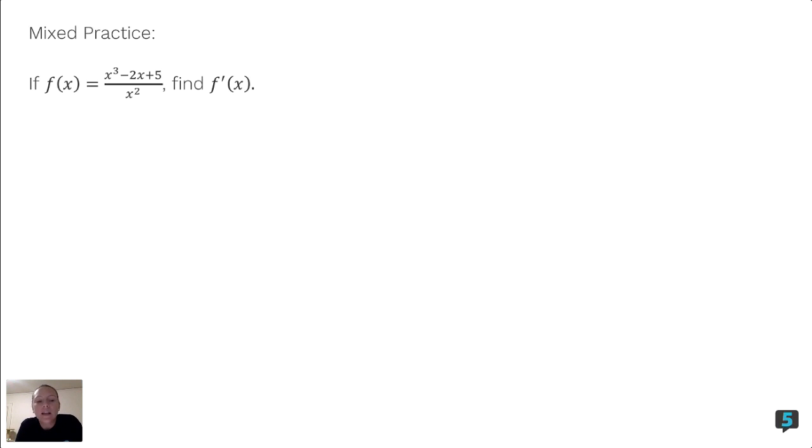Did anybody do anything other than the quotient rule? Sure, we could, Dylan. We could rewrite x squared as x to the negative 2, and then we'd have two quantities being multiplied, and we could do the product rule. That's another thought. Anybody have any other thoughts?